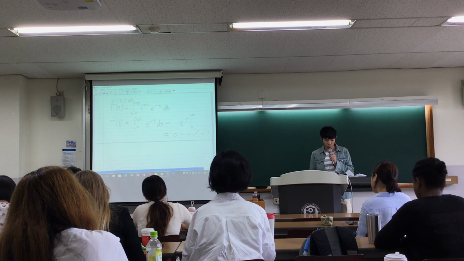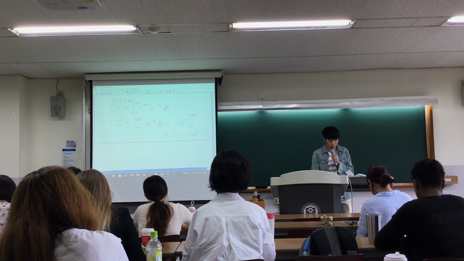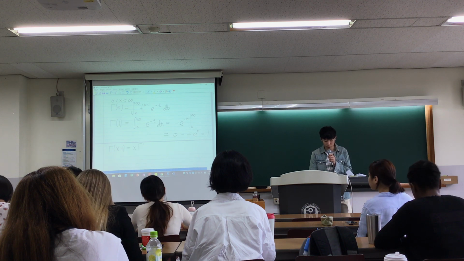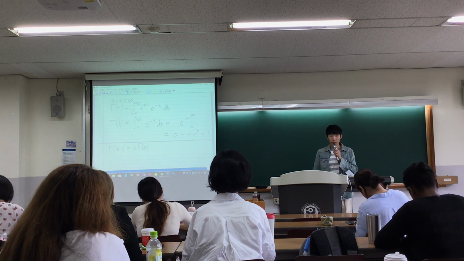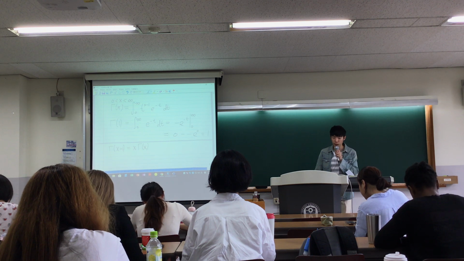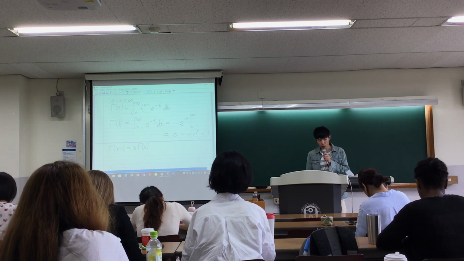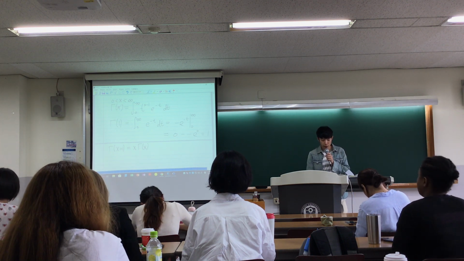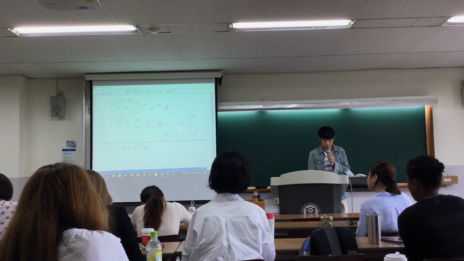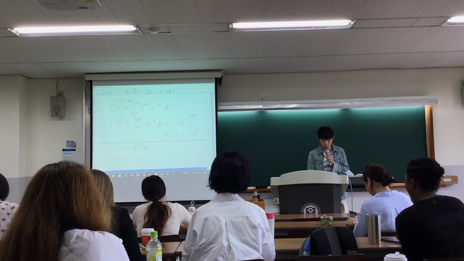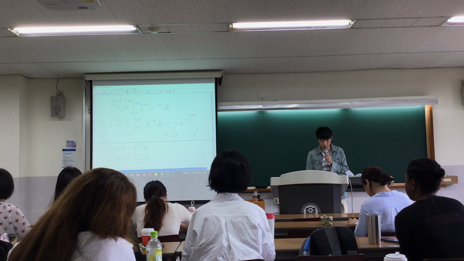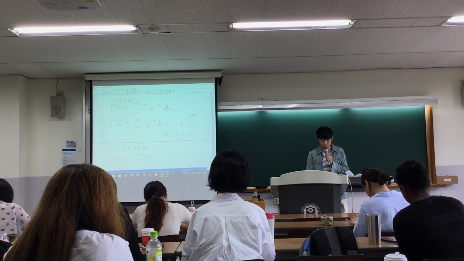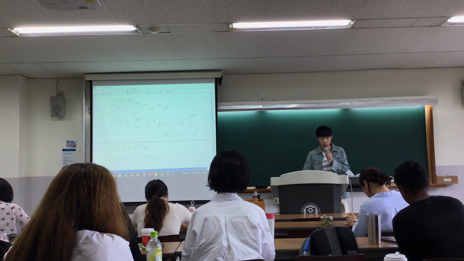And furthermore, we can check that gamma of x plus 1 is x times gamma of x. So it's recursively defined. Then gamma of 2 will be 1 times gamma of 1, and I know gamma of 1 is 1, so this is 1.